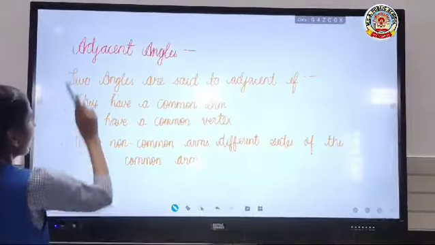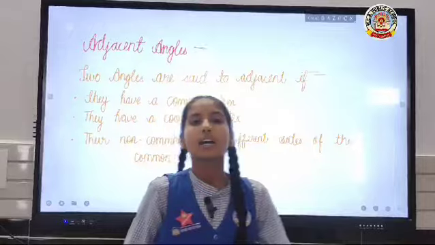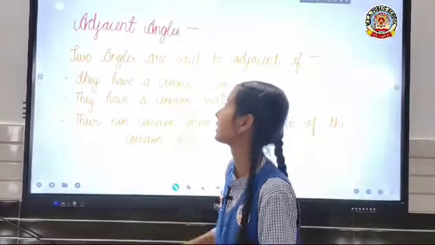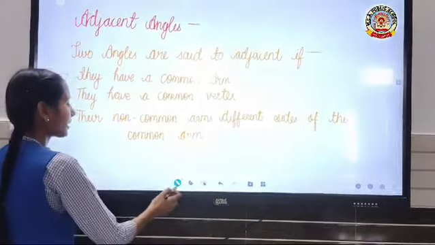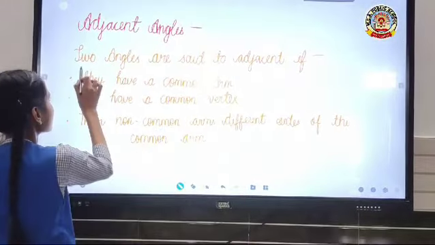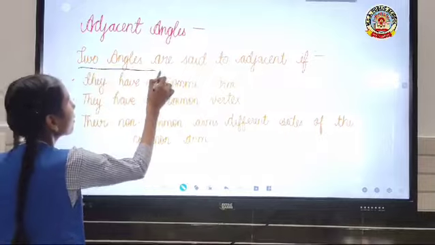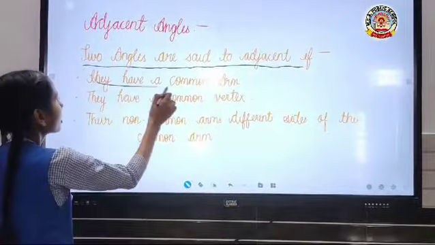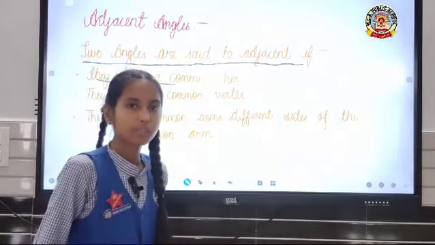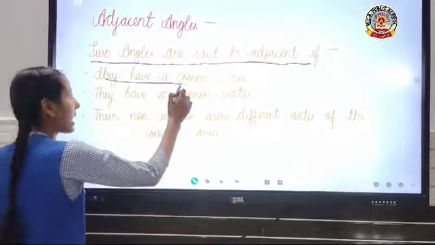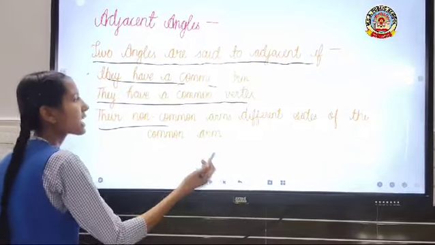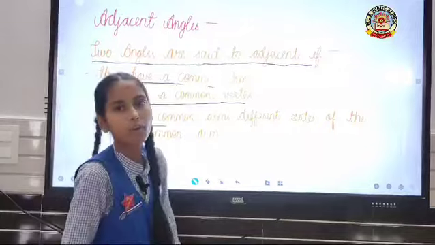The next and last topic of our chapter, lines and angles, is adjacent angles. So what are adjacent angles? Two or more angles are said to be adjacent if they have a common arm, a common vertex, and their non-common arms are on different sides of the common arm.